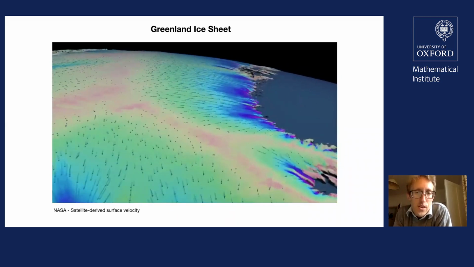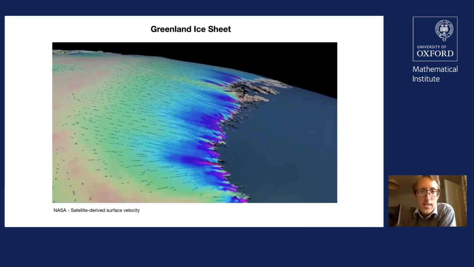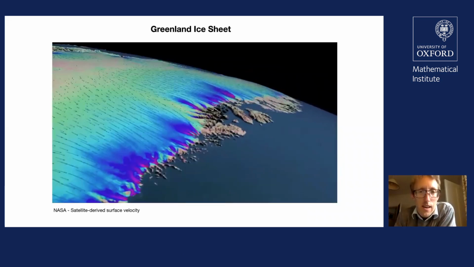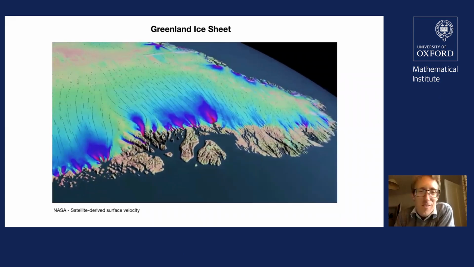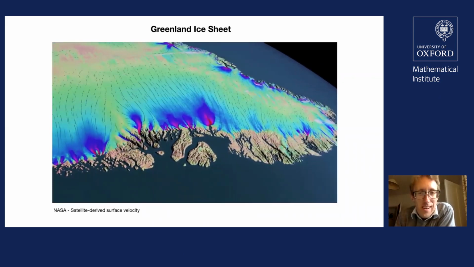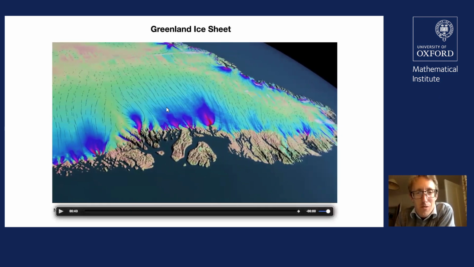And then this has been turned into this exciting looking animation, where it looks like the ice is moving at the speed of light. The ice is moving obviously quite slowly, and during the time over which these measurements were taken, which is while there's been satellites looking at the ice sheet, which is about the last 20 years or so, most of the ice has not moved even the length of one of those little arrows.